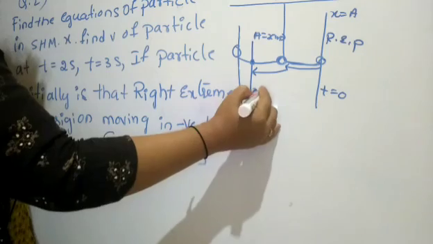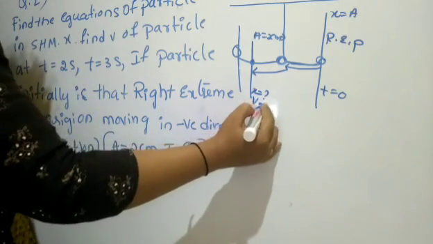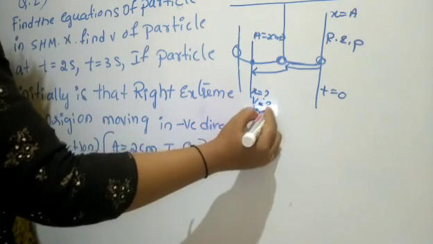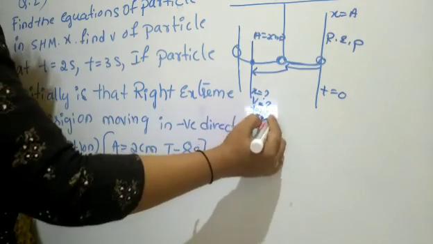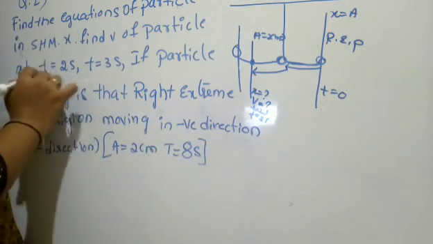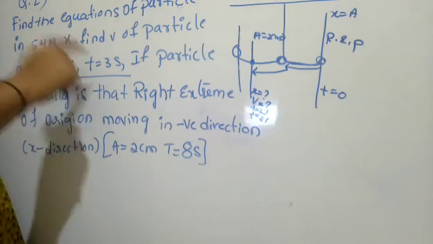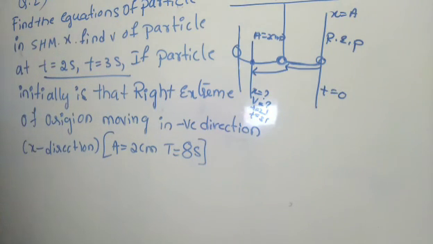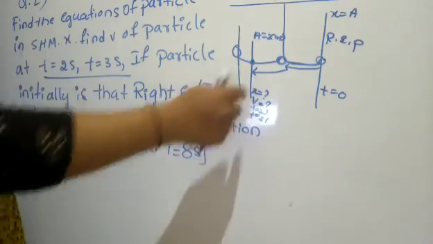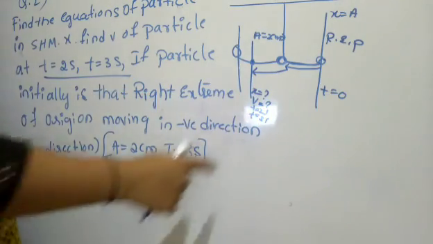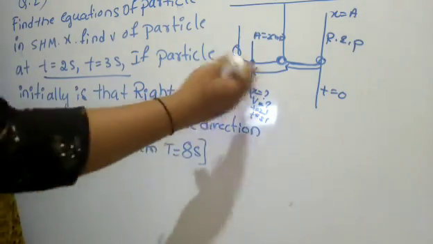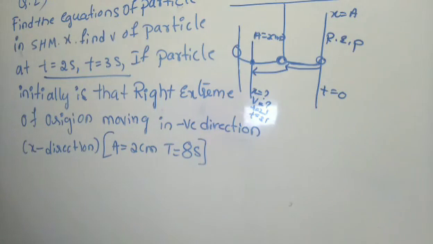We need to find out x here, and the velocity at t = 2 seconds and t = 3 seconds. For 2 seconds, what will be the velocity of the particle? For 3 seconds, what will be the velocity, and what will be the equation of the particle?